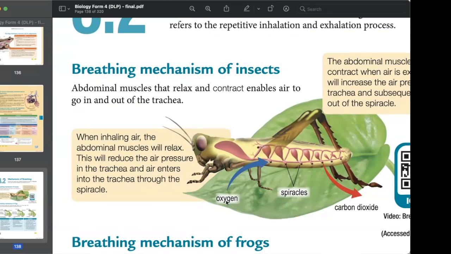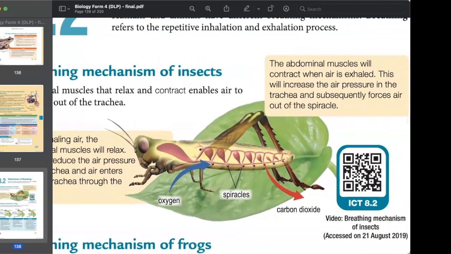So maksudnya kalau oksigen nak masuk ke dalam trachea ni, we have to ensure that the air pressure inside the trachea is lower than outside. So air pressure dekat luar ni lebih besar. When the air pressure outside is higher than inside, the pressure from outside will push the oxygen into the trachea through spiracle. Boleh faham?